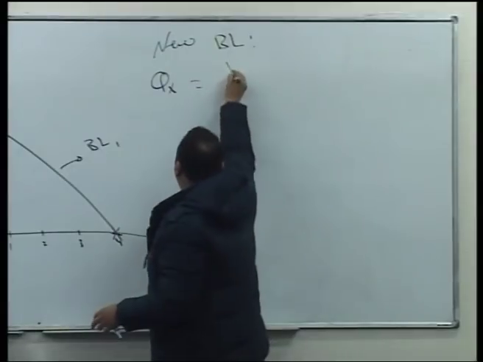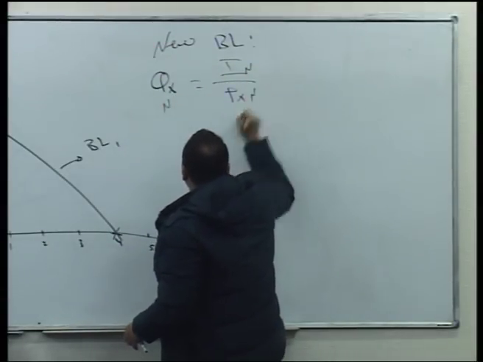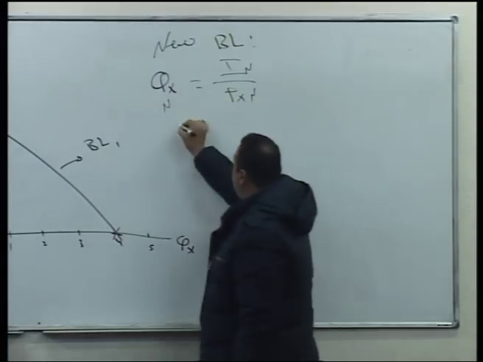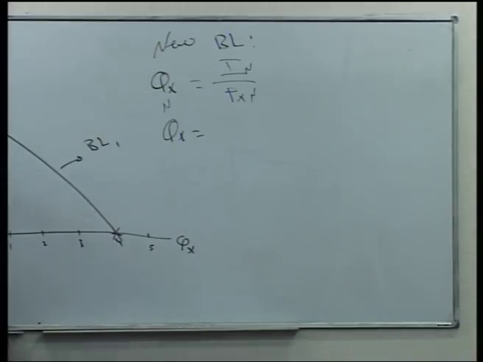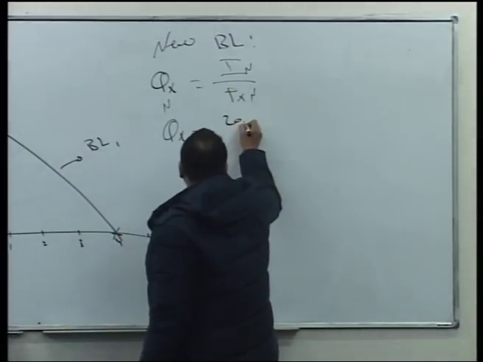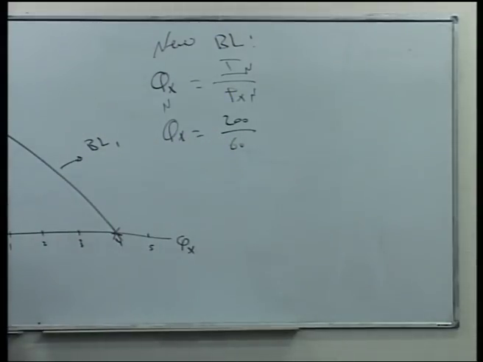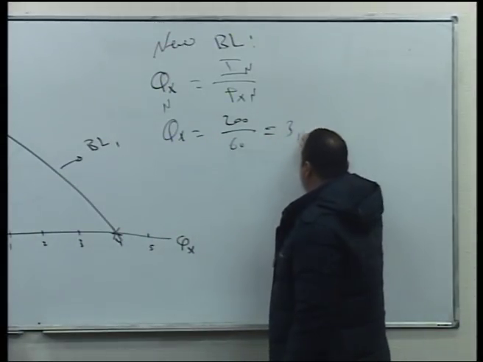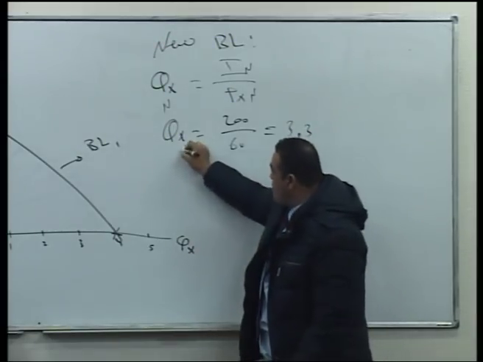QX equals I over PX. How much is the consumer's income? 200 over 60, the new price of X. That gives 3.3. This is the new quantity of X.